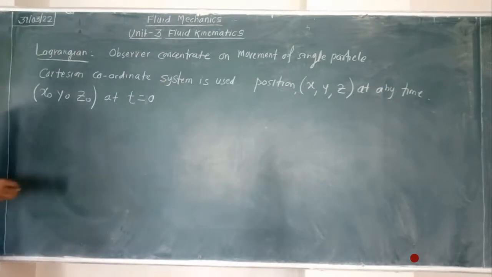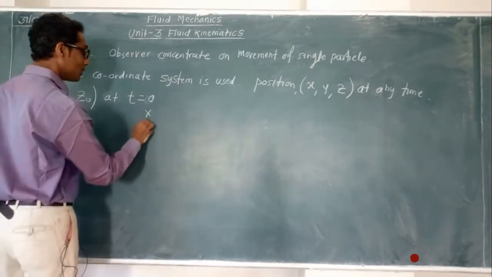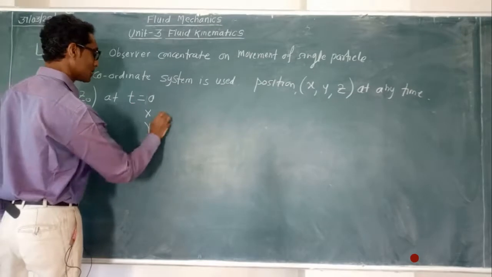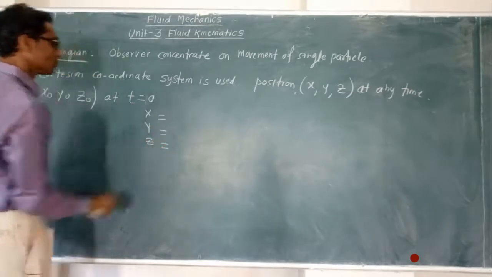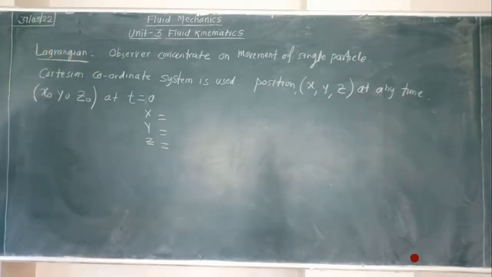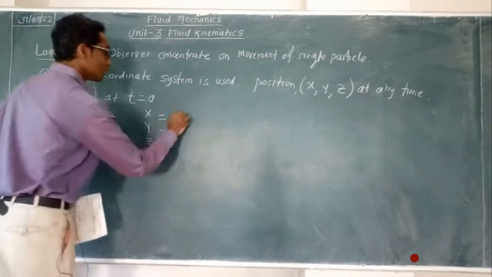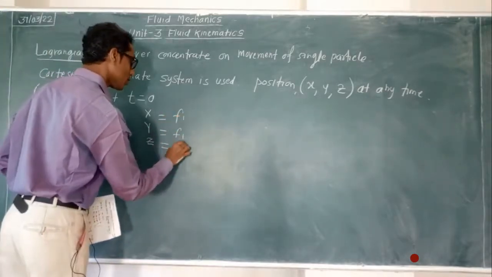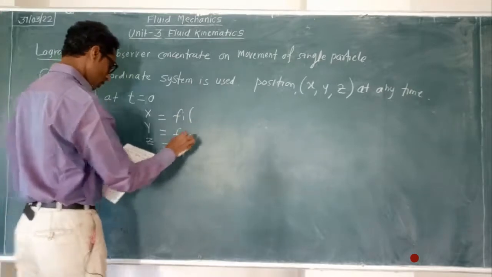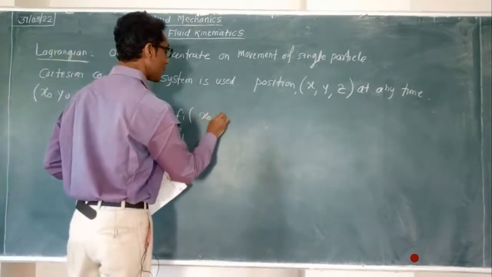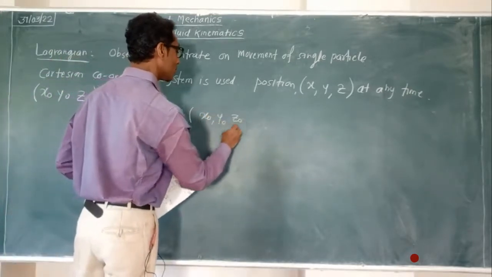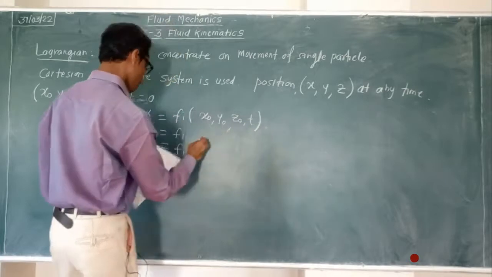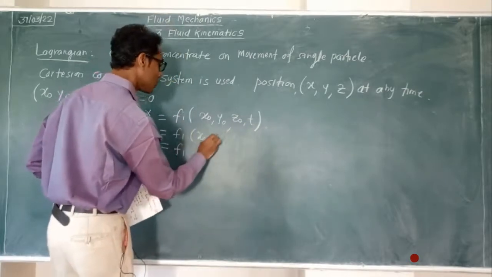So in this case the parameters are expressed in coordinate form x, y, z. Okay, these are what? Functions of space coordinates. So write down these points.